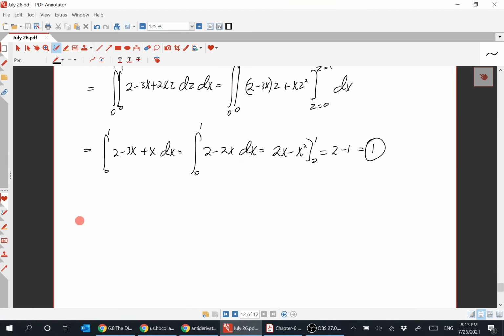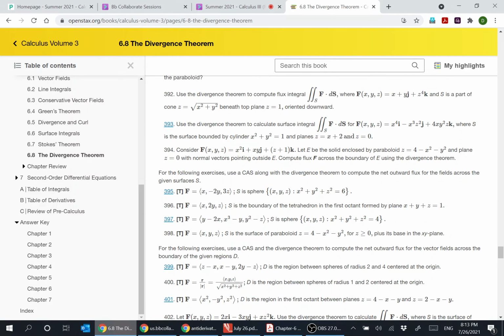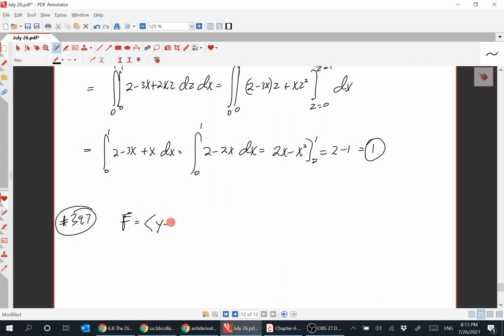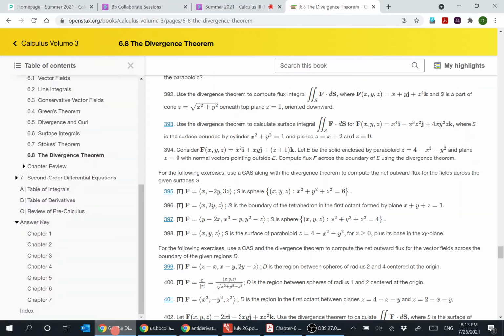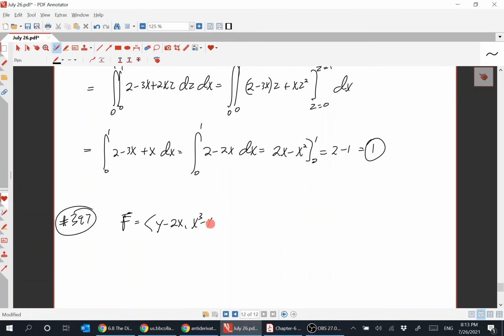So in 397, F is equal to y minus 2x, x to the third minus y, and y squared minus z.